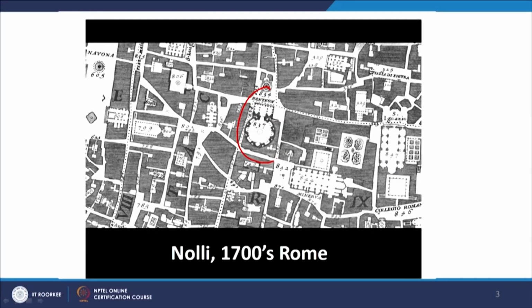If you look at the Pantheon, you see how the street networks connect and how they connect to various public spaces. This is one of the basic understandings Nolli developed of ancient Rome, with its connectivity patterns and hierarchy of spaces.